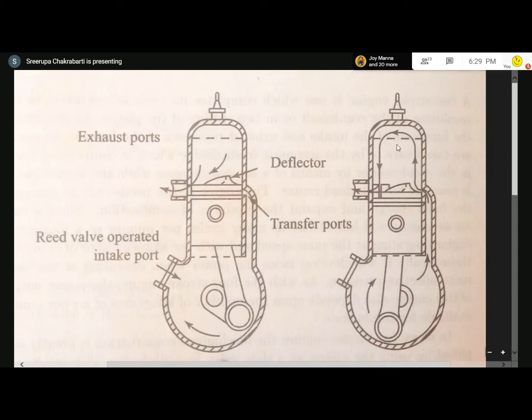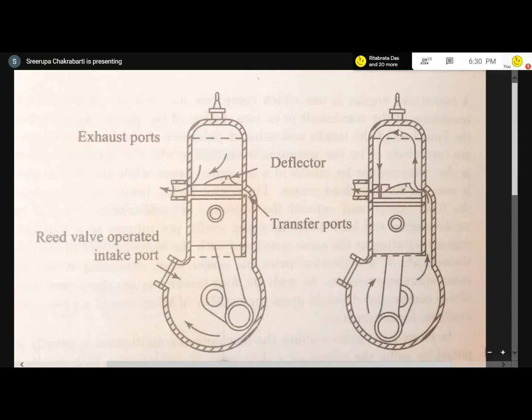All these things happen in one journey of the piston. If you compare with the four-stroke engine, there the suction is a different stroke, compression is different, expansion is different, exhaust is different. Here in one stroke we have got the exhaust.